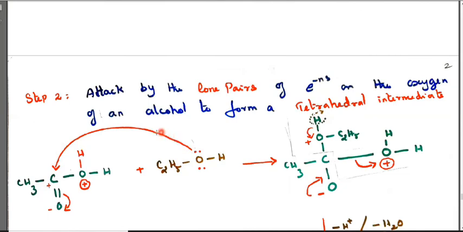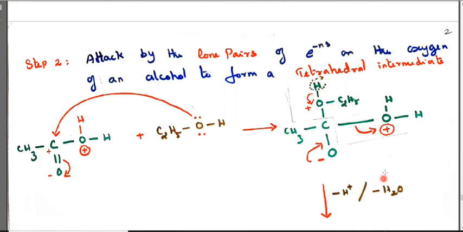So we get CH3, C, O minus, here OH, H, and this side O, H, C2H5. In this diagram, it is just like a shower, the electrons getting in and going out. This bonded electron comes to this oxygen to neutralize after leaving this hydrogen, and H2O is eliminated.